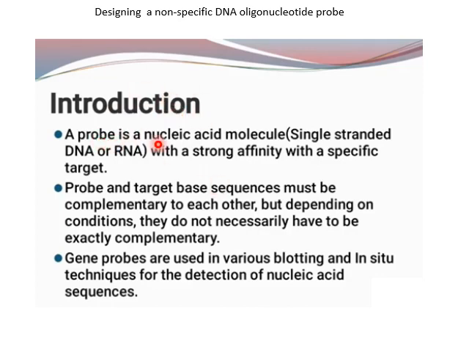Basically, a probe is a nucleic acid molecule, single-strand DNA or RNA, with a strong affinity for specific targets. Probe and target sequences must be complementary to each other, but depending on the condition, they don't necessarily have to be exactly complementary. Genome probes are used in various blotting and in situ techniques for the detection of nucleic acid sequences.